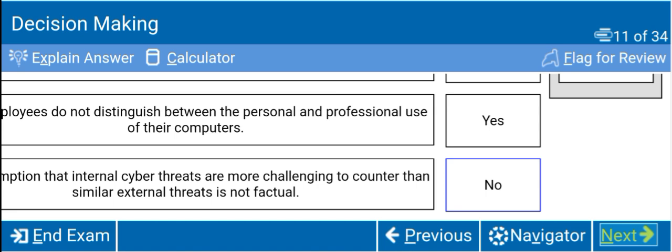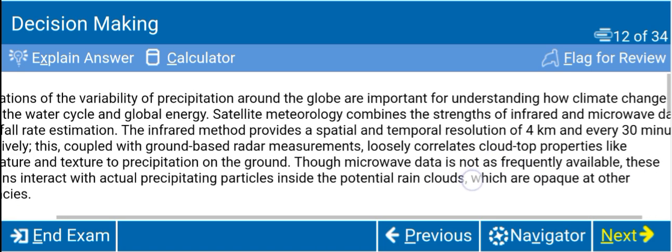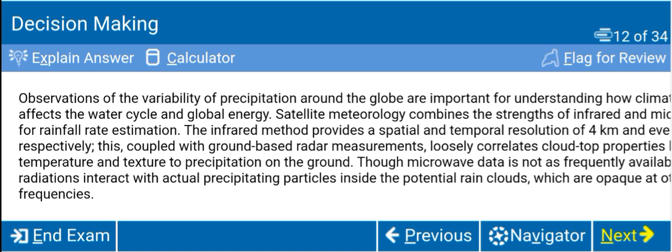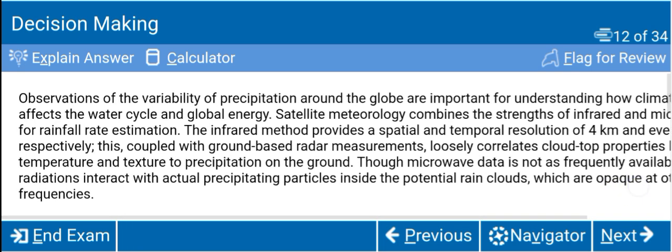Next we have the next question, that is question number 12, which says observations of the variability of precipitation around the globe are important for understanding how climate change affects the water cycle and global energy. Satellite meteorology combines the strengths of infrared and microwave data for rainfall rate estimation.